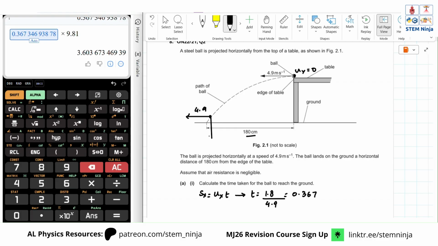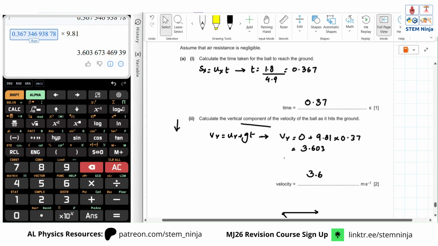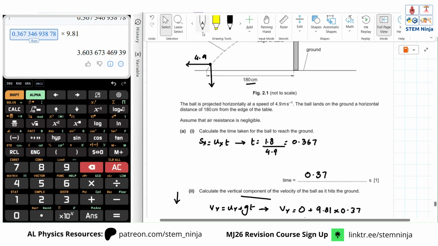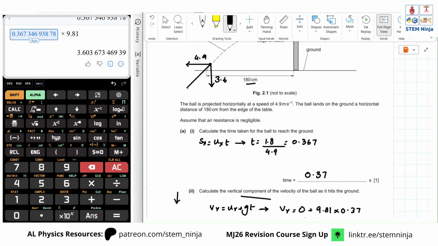And vertical velocity we found out to be 3.6. So the magnitude of the velocity we will find from Pythagoras' theorem and the angle from tan. So magnitude would be the sum of squares whole under root.